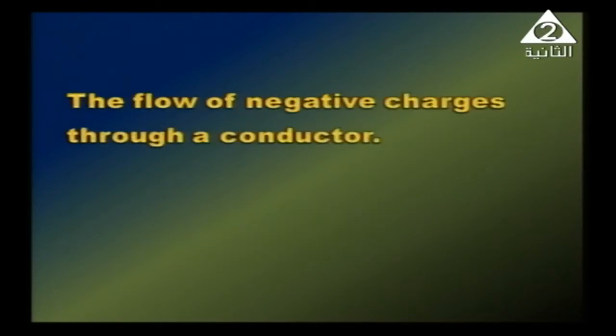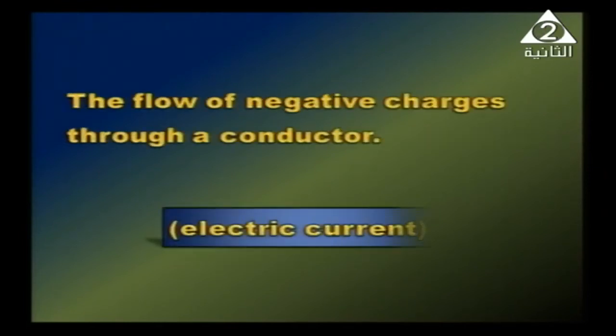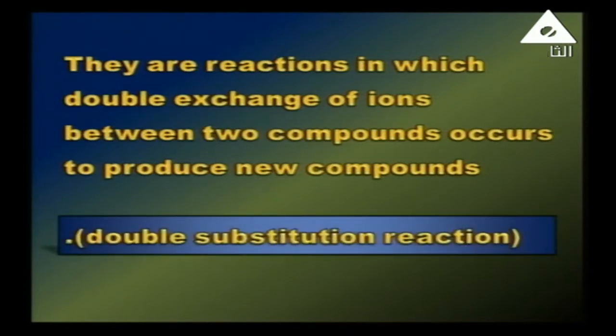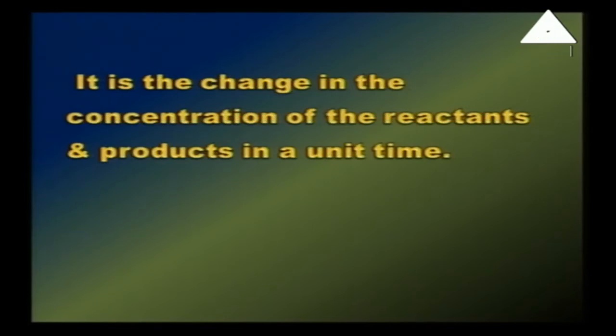The flow of negative charge through a conductor: electric current. Reactions in which double exchange of ions between two compounds occurs to produce new compounds: double substitution reaction.